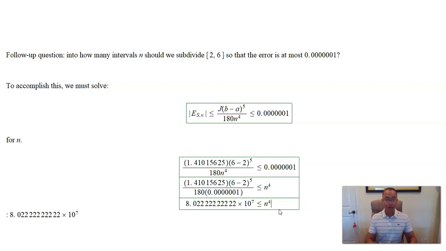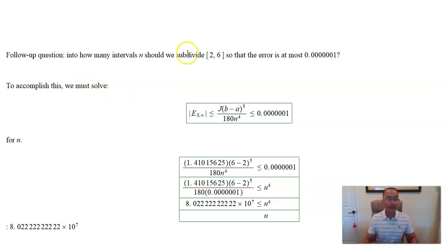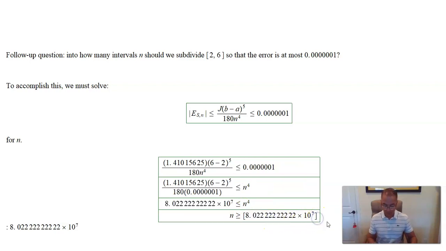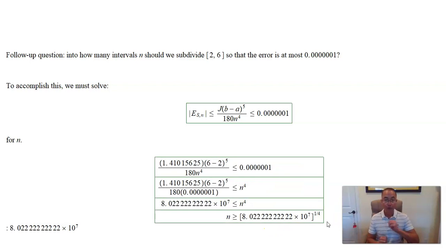So therefore, we'll now switch this around. N has to be at least the 4th root. Before it was square root. I'm sorry, it's the 4th root, not the 7th root. I was looking at n to the 7. Nope, only 1/4. 4th root.